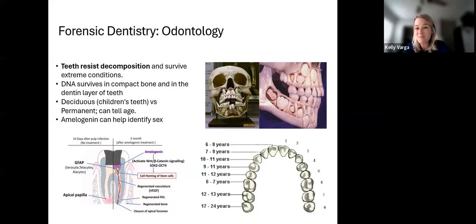Sometimes individuals that have things like their wisdom teeth removed, they can regenerate. And there is a very small subset of the population that can actually grow new wisdom teeth. Kind of freaky.